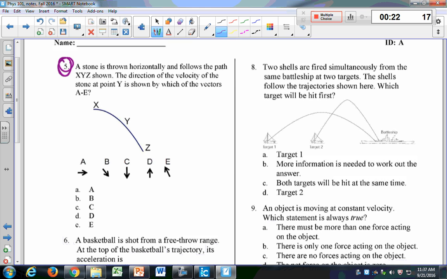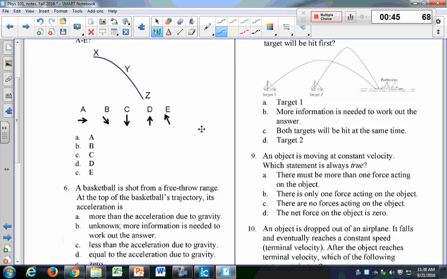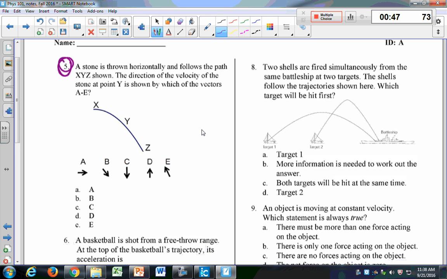So horizontally out. Which vector shows the velocity vector at point y? We'll do number 6 after this, so if you're done with 5, go ahead and do number 6.